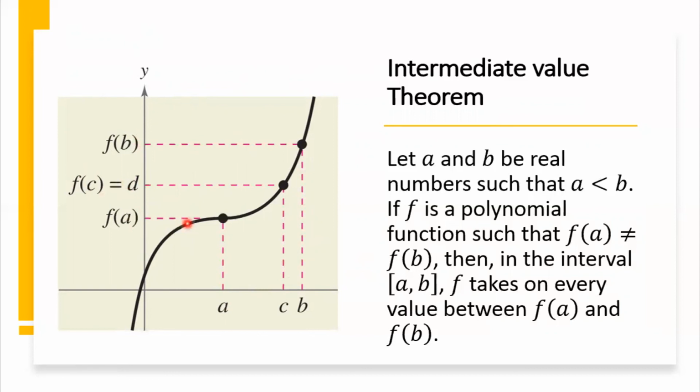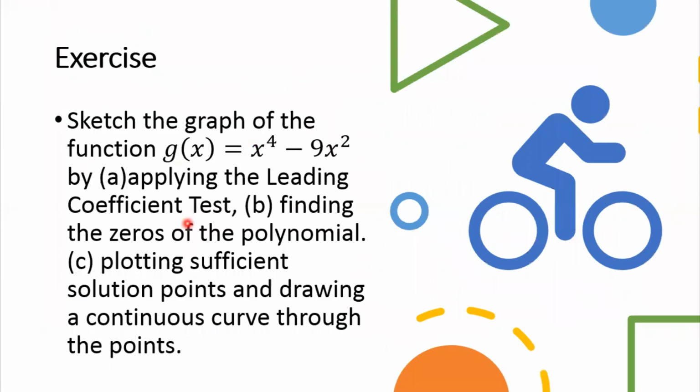So we are done with the intermediate value theorem. It's just a theorem, so you need to familiarize only the theorem. So here is an exercise. If you want to practice more on graphing a polynomial function, use the guidelines on sketching a polynomial function.